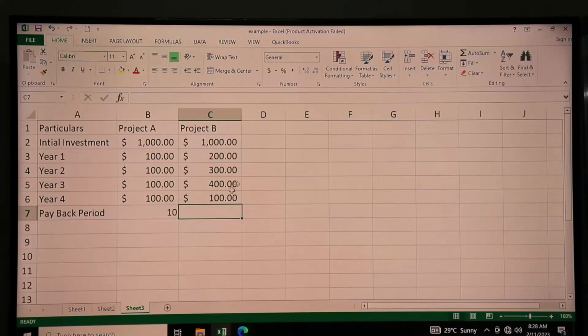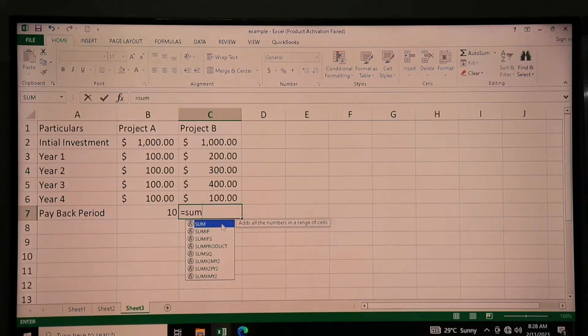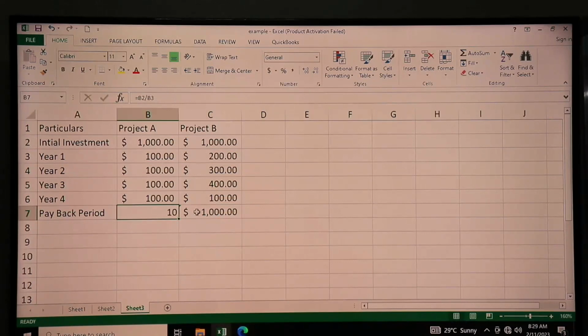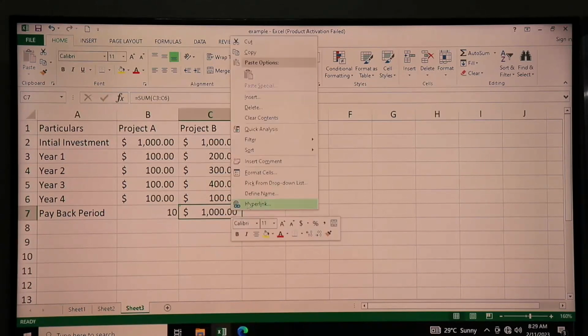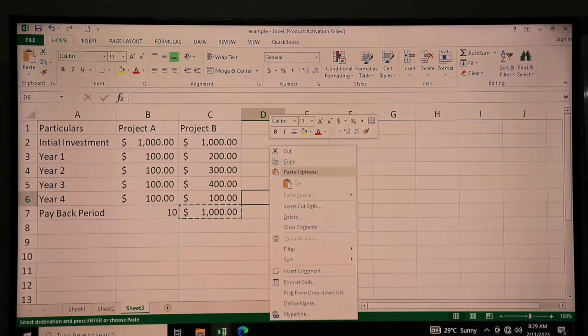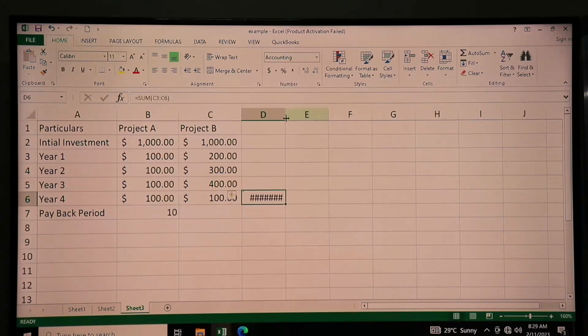You can insert the function sum, and we sum this amount from here to here. Let's copy this formula and put it there. So the project has already returned our amount.